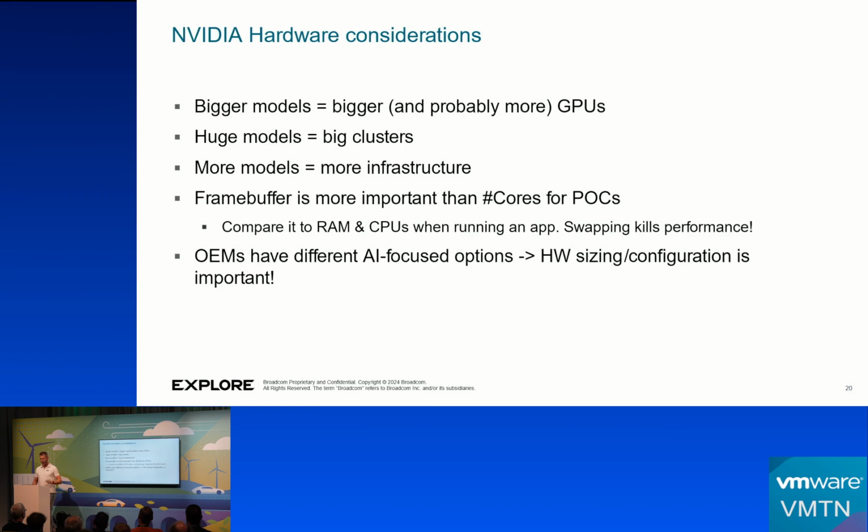So OEMs have different AI-focused options, and sizing and configuration in that regard is really important. One mistake we made in the past is, for instance, building on our own hardware or building a custom platform for a customer, and not assigning the right GPU to the right PCI lane.